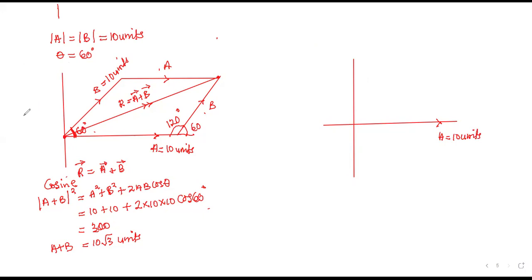To locate B, we must draw an angle of 60 degrees from A. So this is B. Ten units. The angle separating them is 60.